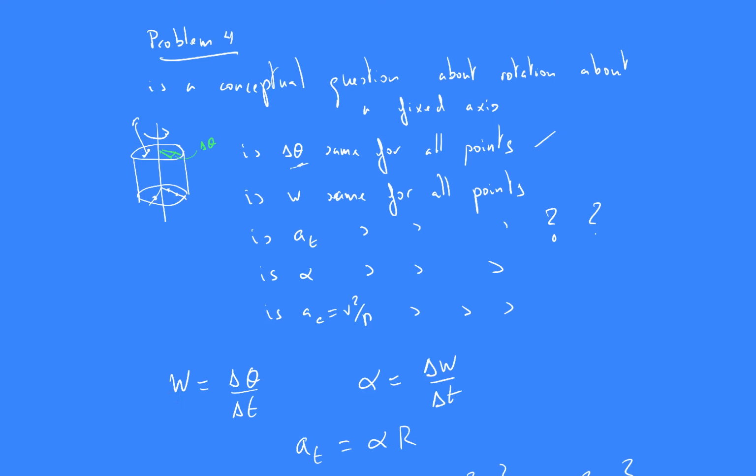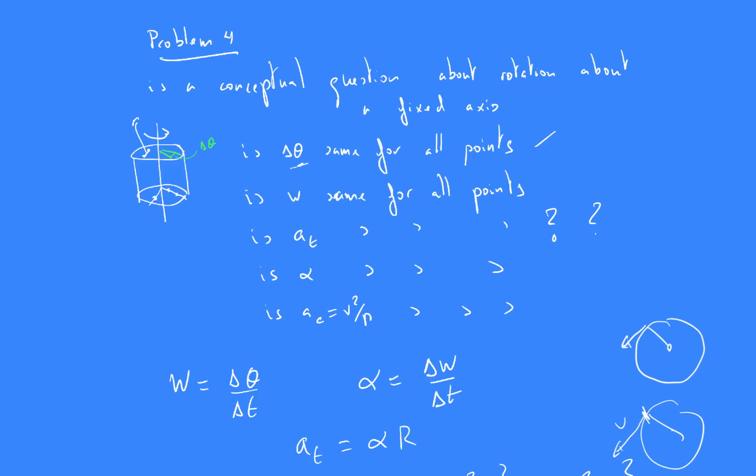Now, alpha is the change in omega with respect to time, so alpha is also the same for all points. Now, the tangential acceleration, this acceleration that makes the change in the motion with respect to this axis at the center: if the velocity v increases, there is tangential acceleration.